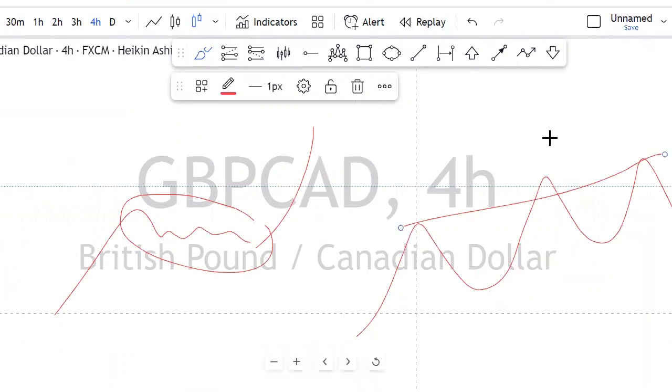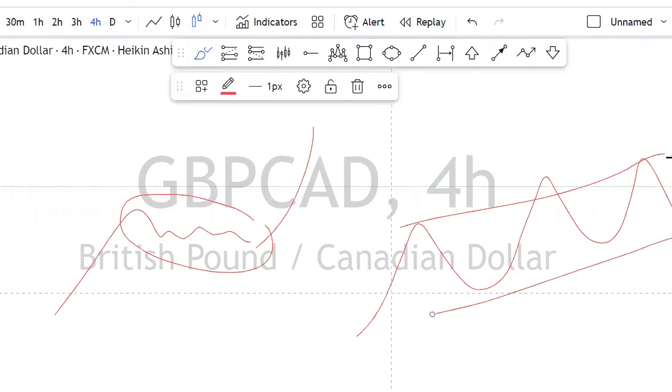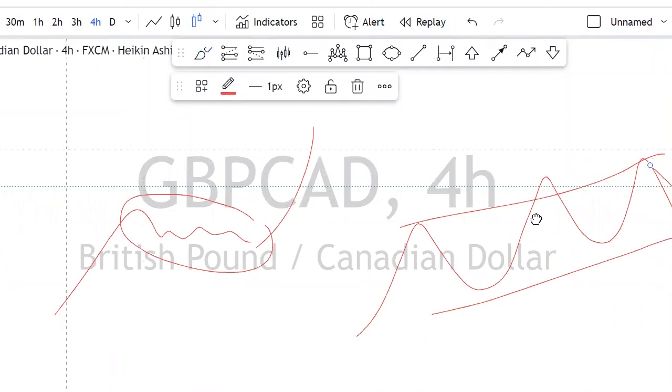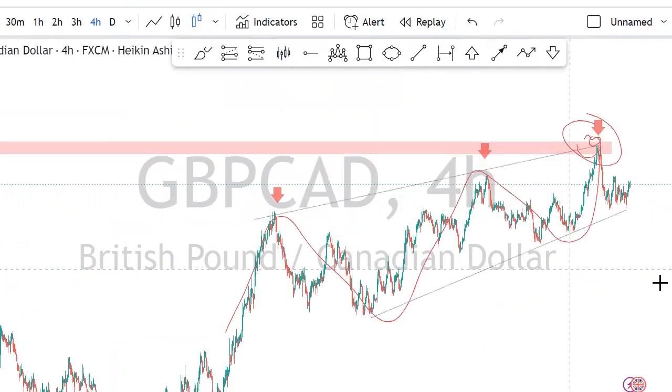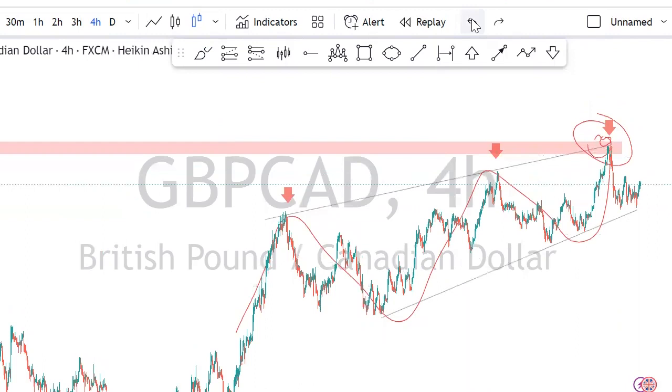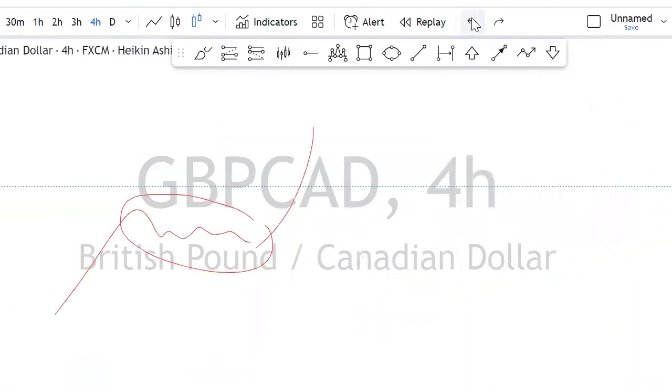In this case, the price starts turning from the third touch right there to the downside. So this is a reversal, and this is a continuation. So in this case, we're looking at a reversal as the price got to this high in a corrective manner. So we already know the direction of the market.